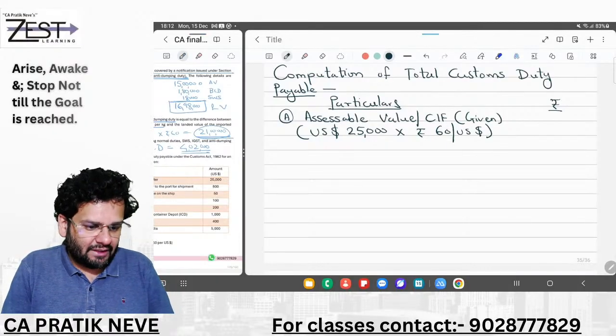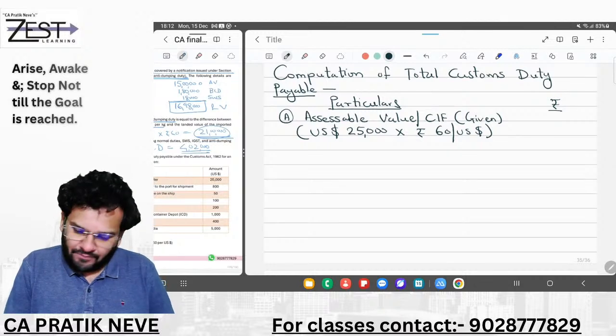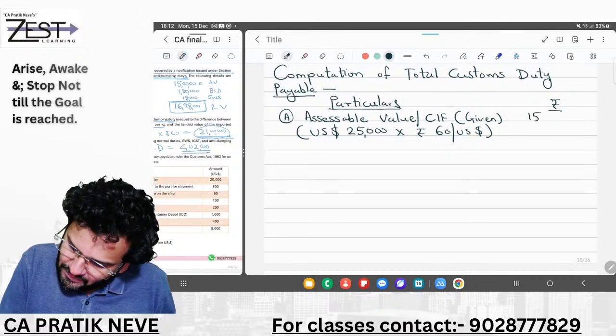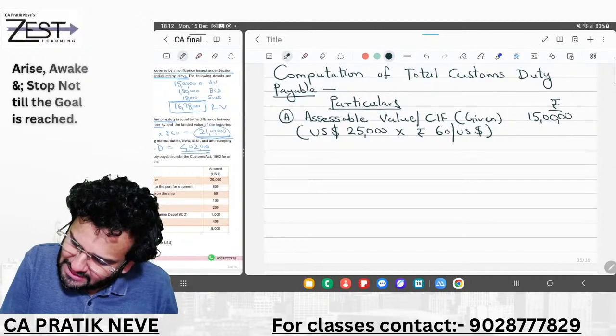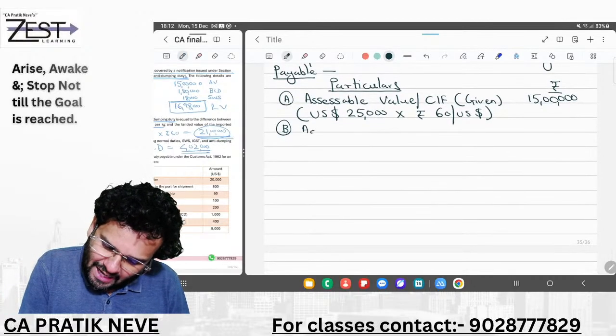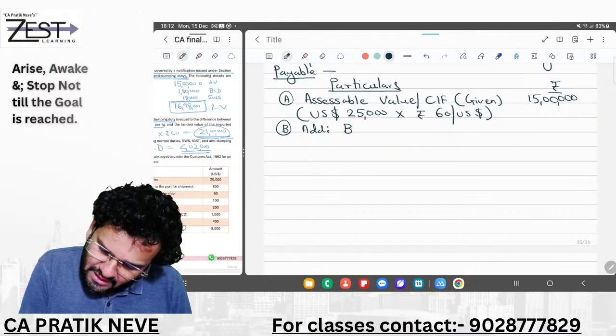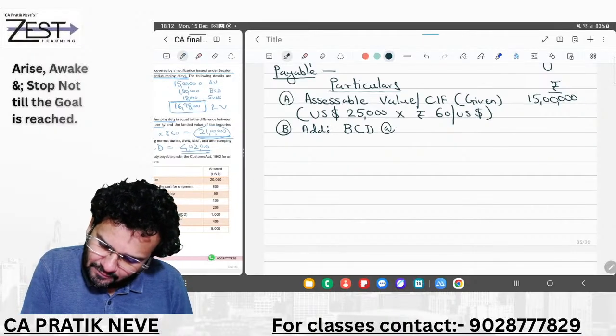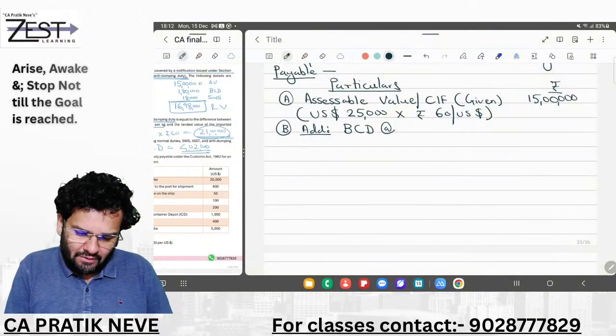So 25,000 into 60 is 15 lakhs. But 15 lakhs is just the assessable value. What you have to do is add the basic custom duty at whatever percentage is given.